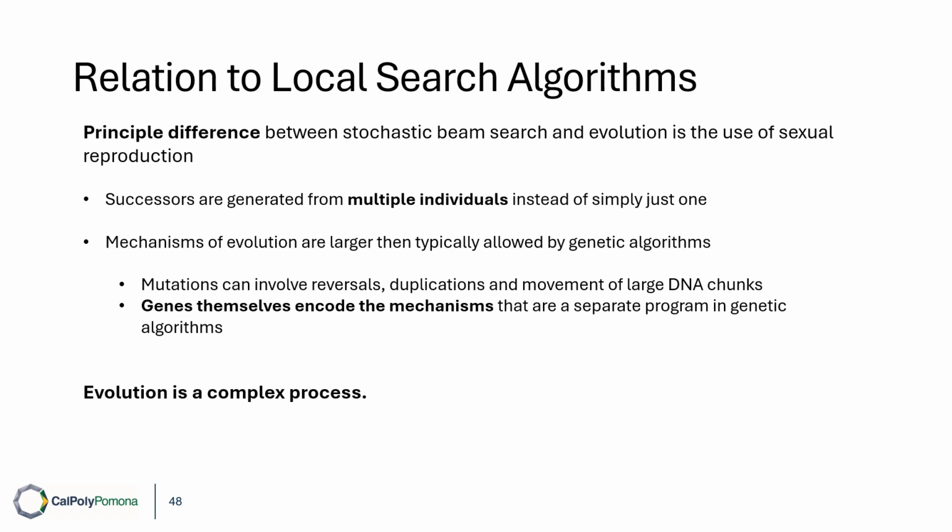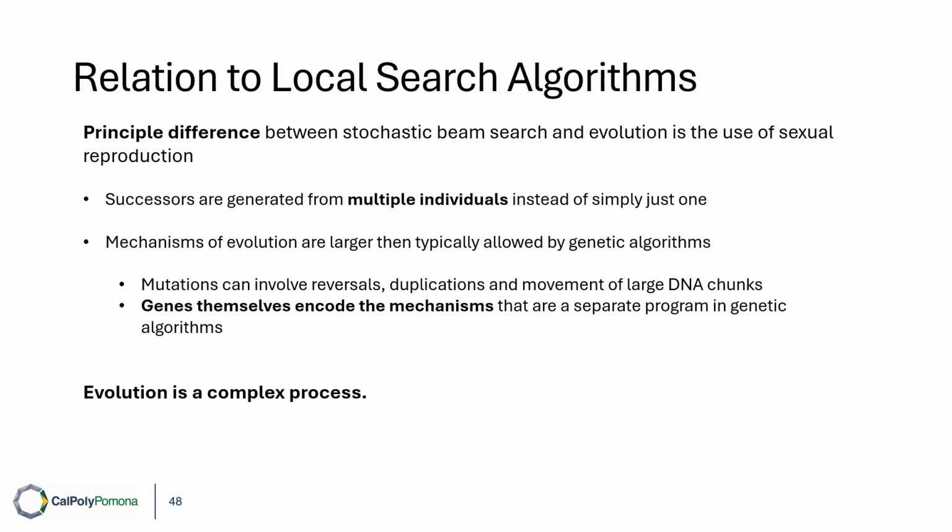Now, something to note is that the principal difference between stochastic beam search and evolution is the use of sexual reproduction. Successors aren't generated from one individual, but multiple. Furthermore, the mechanisms of evolution are very large and rich, more so than allowed by genetic algorithms.